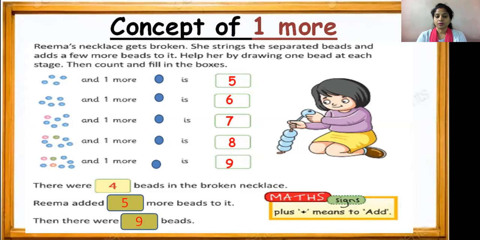Okay? So, whenever we add 1 to any number, then we will get the next number. And that plus 1, we can also say 1 more. If you say 1 more of any number, it means you are talking about the next number.